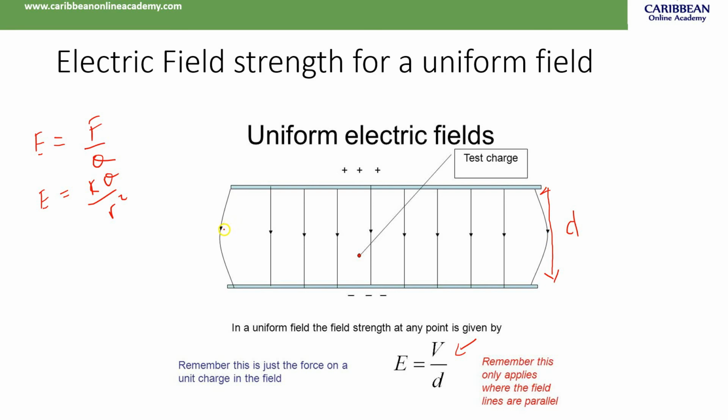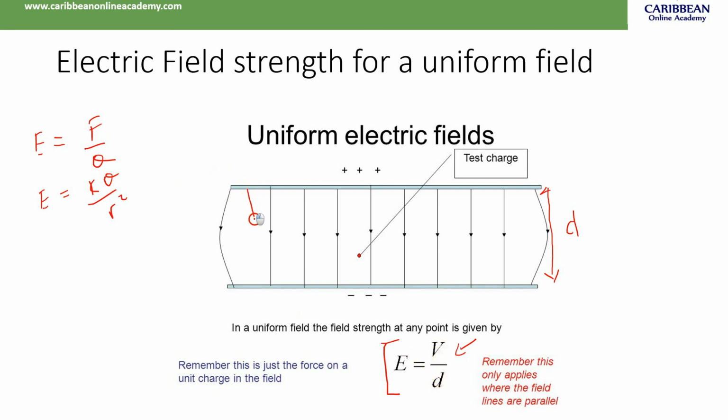If we want to find the electric field strength for a uniform field, or in other words, a parallel plate that has positive and negative plates, we can actually find the electric field by using this formula that says E is equal to V, which is potential difference, divided by the distance of separation.